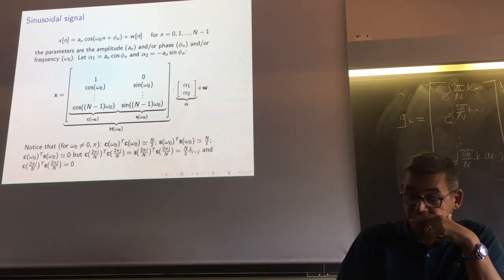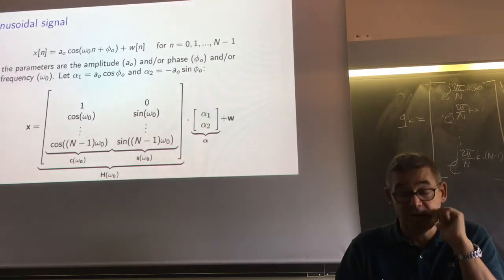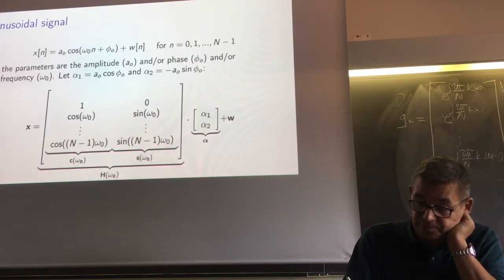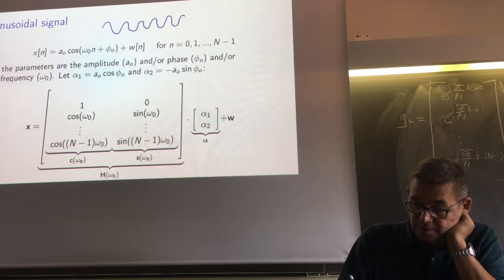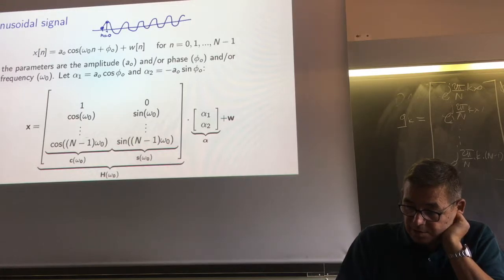Now, assume that I have n samples of a sinusoidal signal. My goal is to estimate a sinusoid. This is a sample, n equals 0, 1, and so on until I have n minus 1.